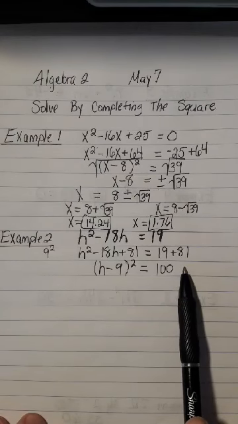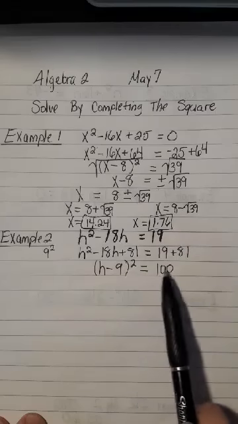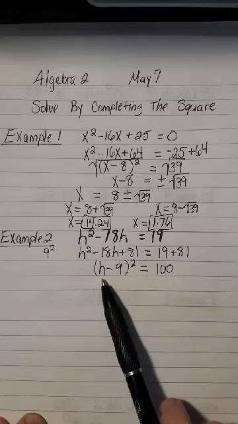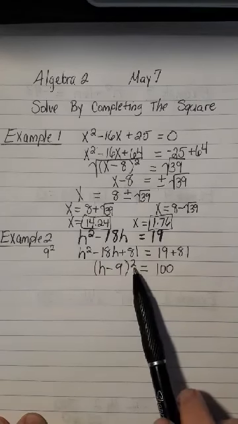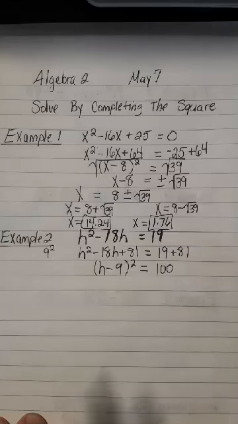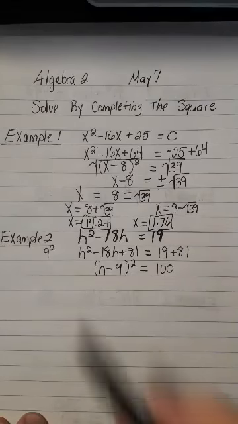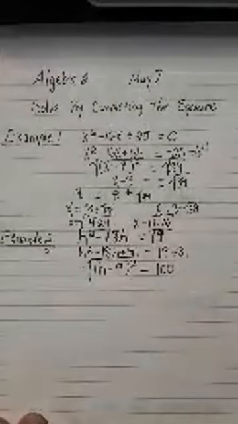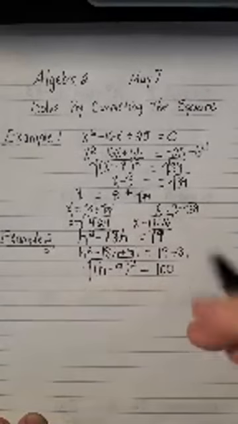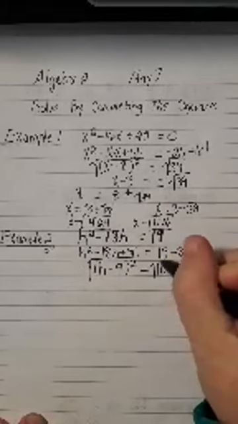And now you're ready to take the square root of both sides. Trying to solve for h, you've got to move the little 2 and you've got to move the 9, and you start with the little 2. So you take the square root to cancel that square out. If you take the square root on one side, you've got to take the square root on the other side.